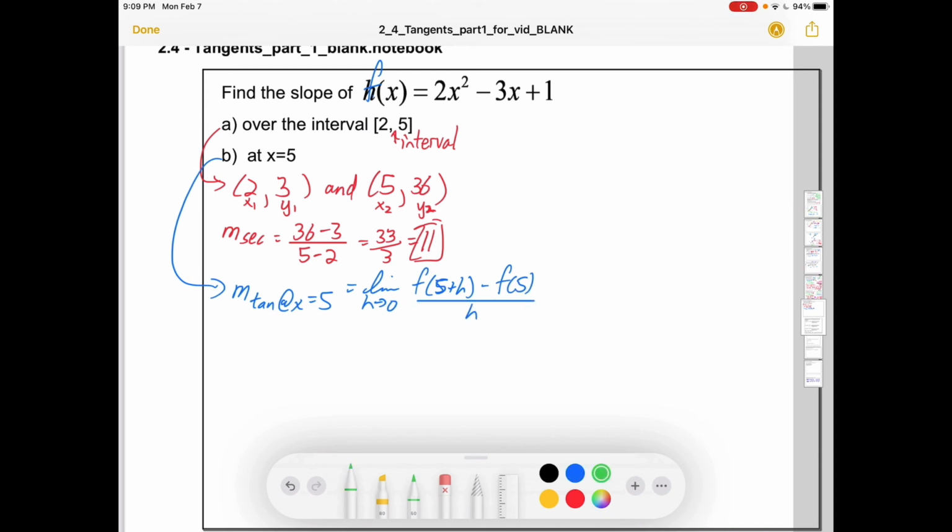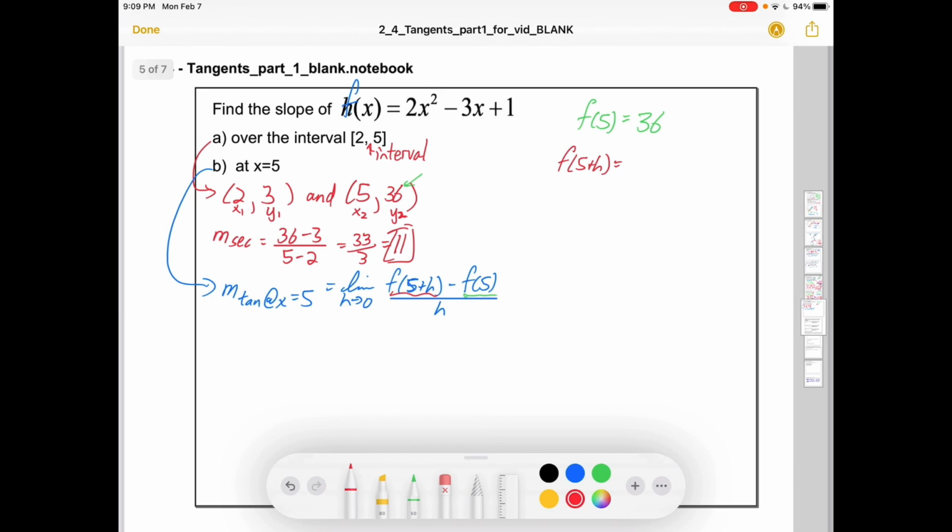And I have to go off to the side and figure out what f of 5 is. We've actually already done that. We found it right here. It's 36. And I have to figure out what f of 5 plus h is. And this is where the algebra becomes tedious. So that would be 2 times (5 plus h) all squared minus 3 times (5 plus h) plus 1.